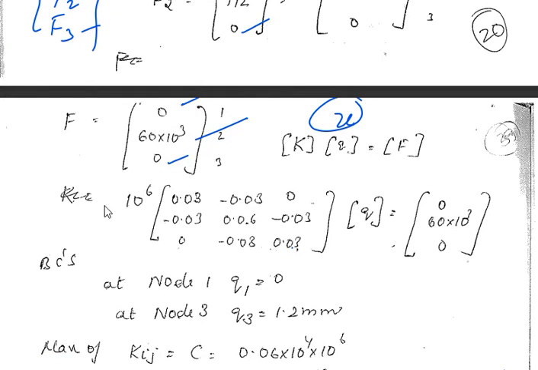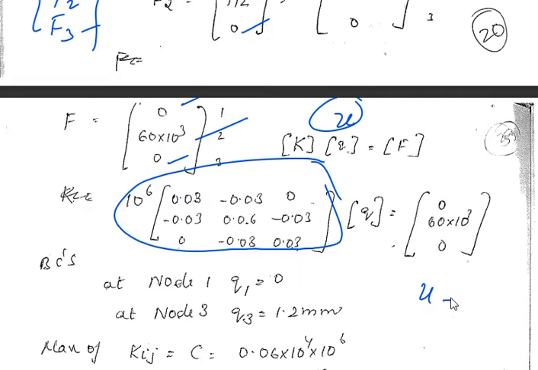Right, so K value is what? This one. K is the global stiffness matrix we have calculated already, and U is equal to what?